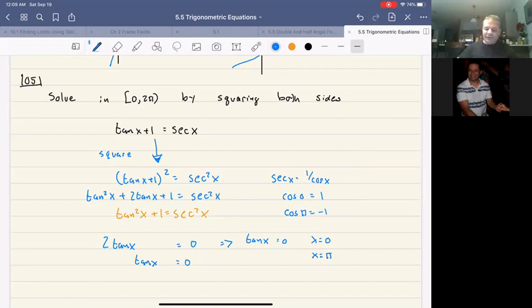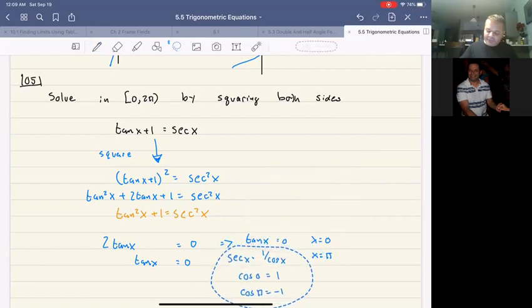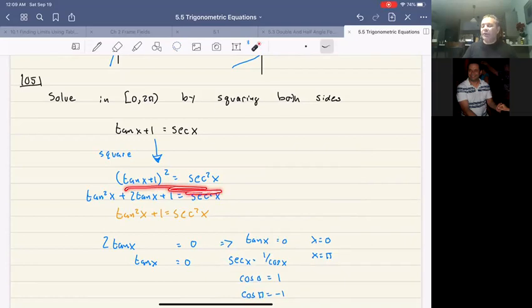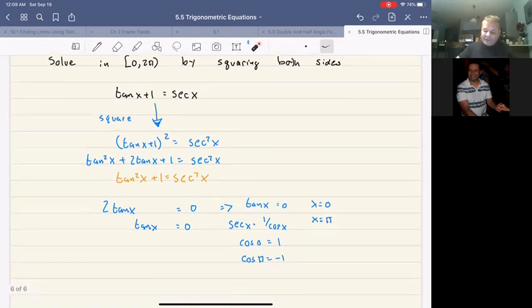Okay, so if we look at that, what happened? When we squared this, we sort of took that -1 and kind of made it 1, right? So that cosine of pi equaling -1, we need to double check. So another way to think about this is once we get these solutions, we're going to plug them back in.